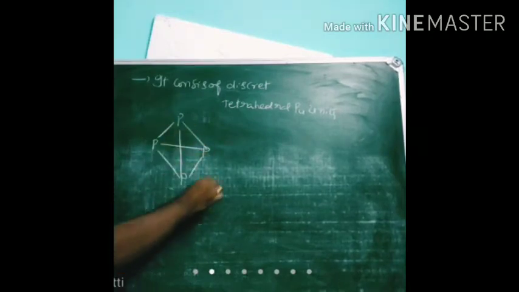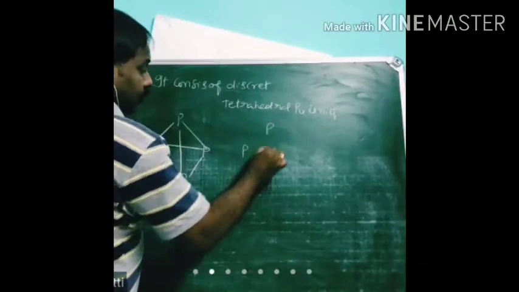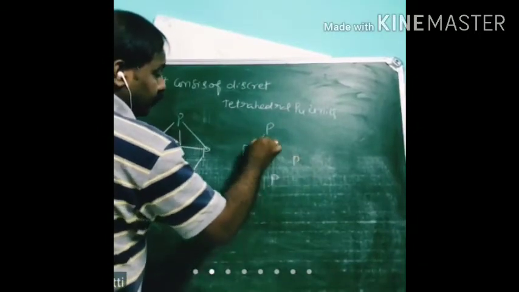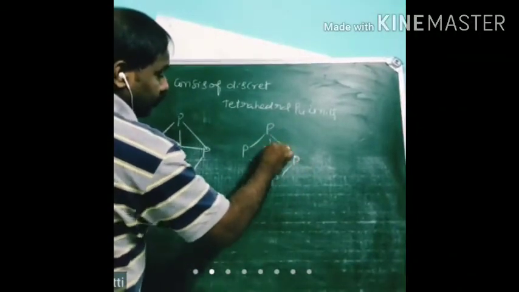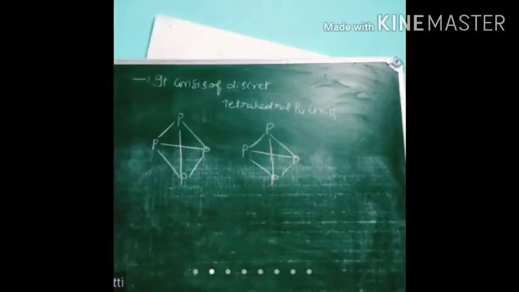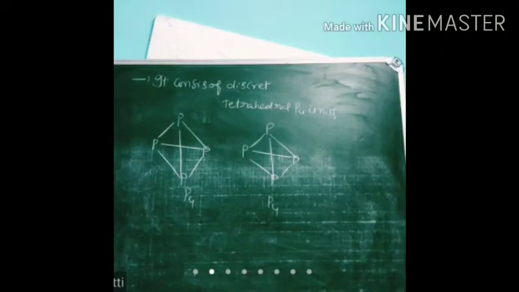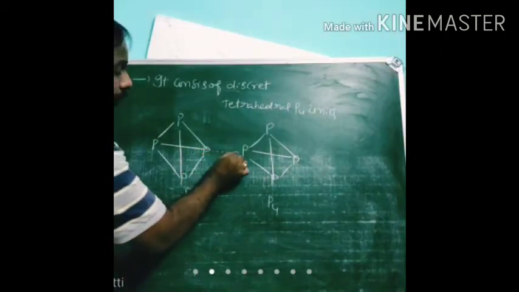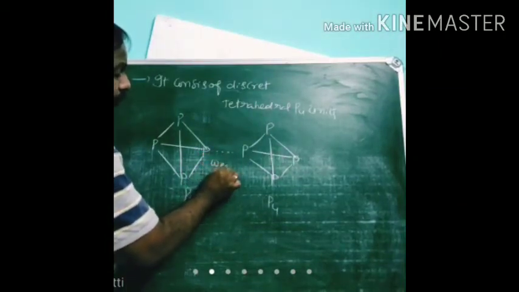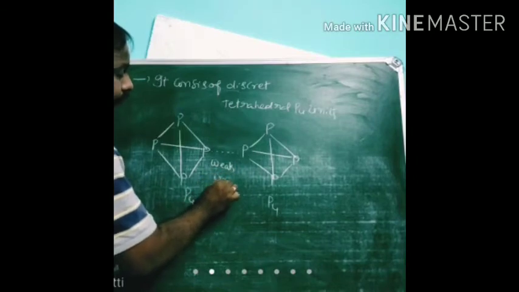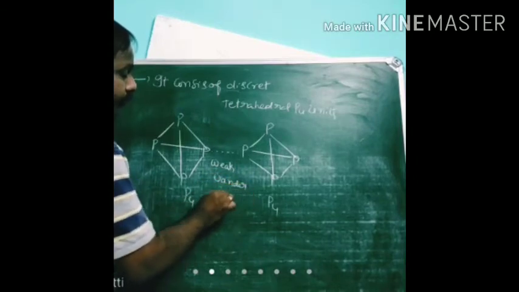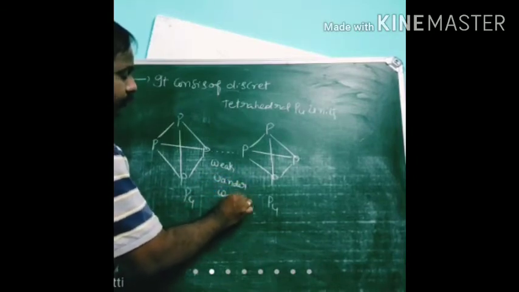This is one P4. This is another P4. In between this P4 tetrahedral unit and another P4 tetrahedral unit, weak van der Waals forces are there.